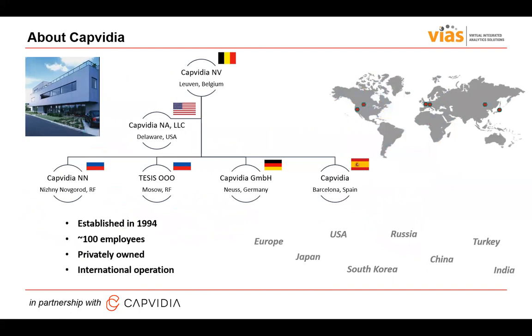And for more than 20 years now, we've been operating in this area with our own team of around 100 people, mostly engineers and scientists. Overall, this international organization is completely privately owned.